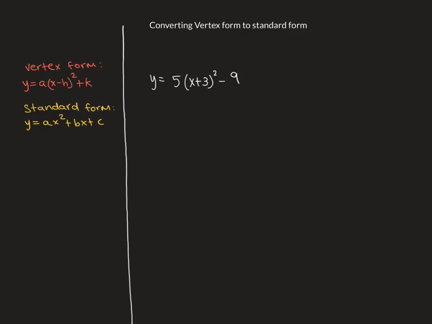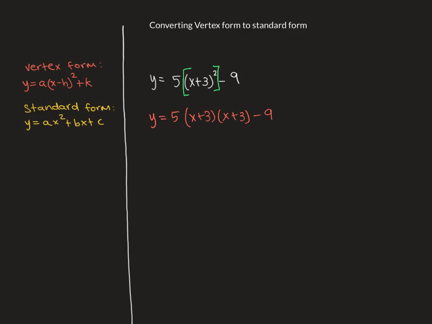your first step would be to look at what's here in your parentheses. You want to look at that. Essentially, (x plus 3) whole squared is just simply (x plus 3) times (x plus 3) and then minus 9. That's just a little bit more broken down.